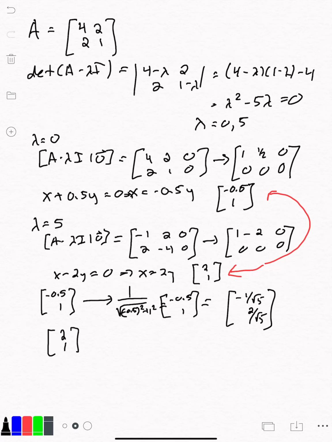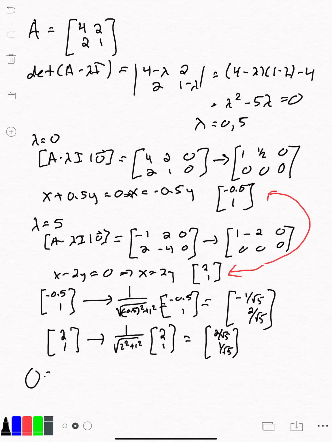When you have 2, 1 and divide by the length, you have 2 over root 5, 1 over root 5. Once you have this, your orthogonal matrix is just those two eigenvectors put together, using them as columns.